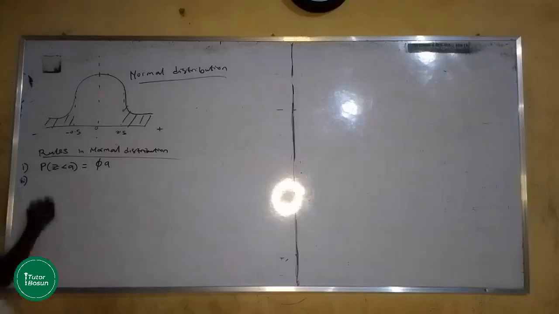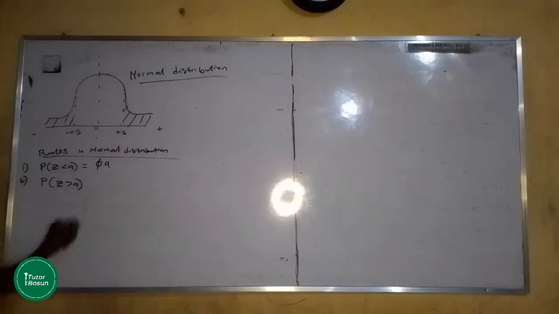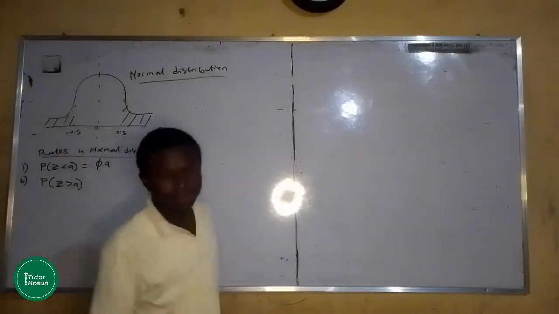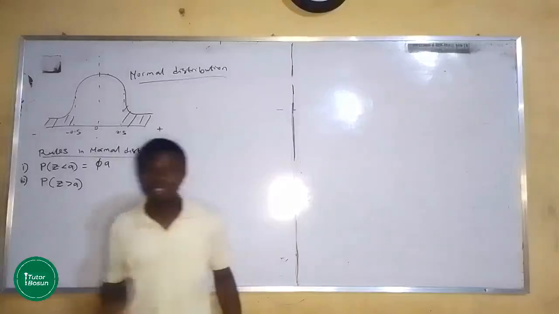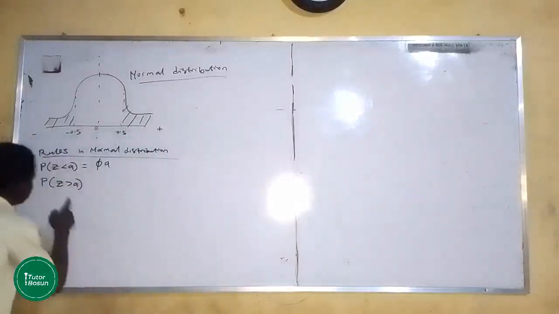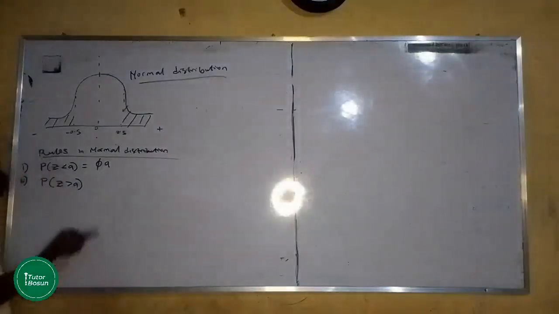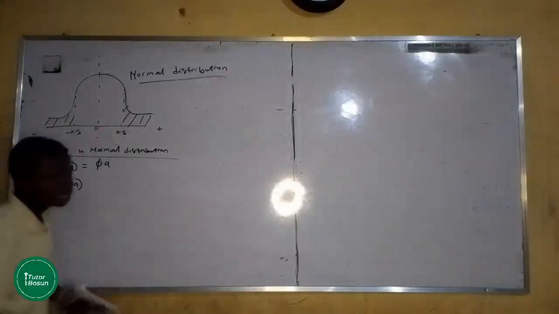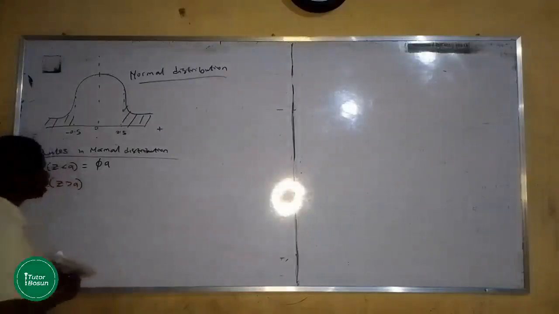So the second rule says the probability of z greater than a. The first one is less than, while this one is greater than. And likewise in your binomial and Poisson distribution, when you have greater than, it is not tabulated, so you need to convert the greater than to less than. And how do you convert greater than to less than?